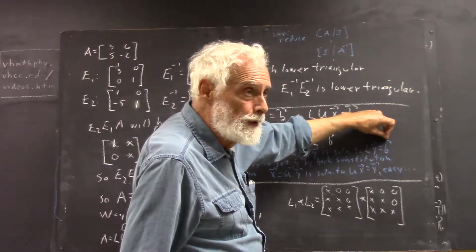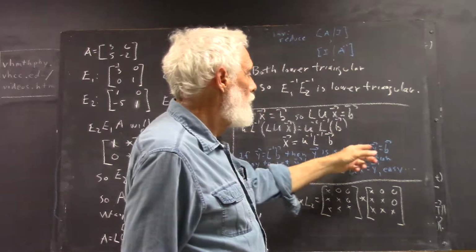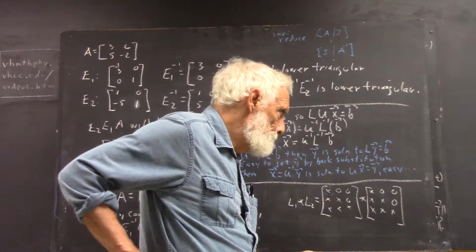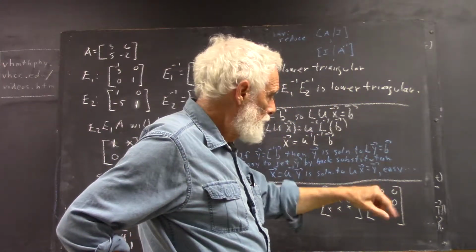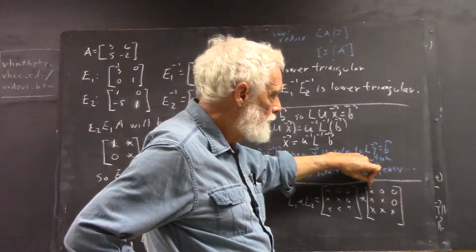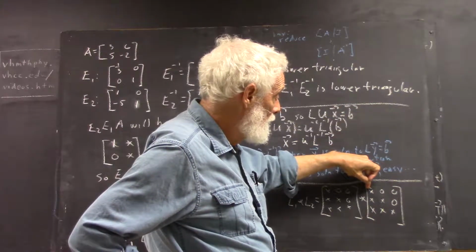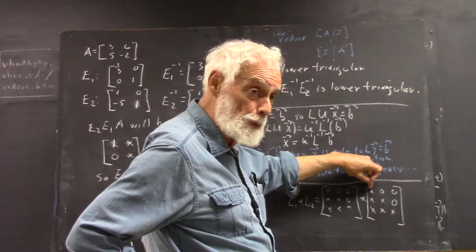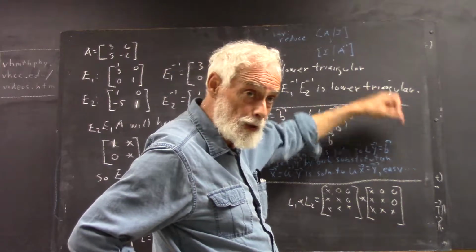LY equals B can be solved just by substitution, because what does LY equals B tell us? It tells us that the coefficient of the first variable in our Y column multiplied by whatever number we get here from our lower triangular matrix has to equal the first element of our B.